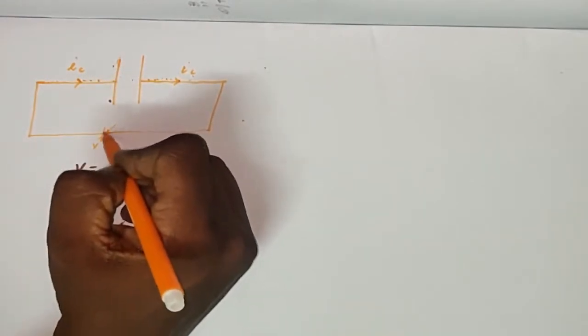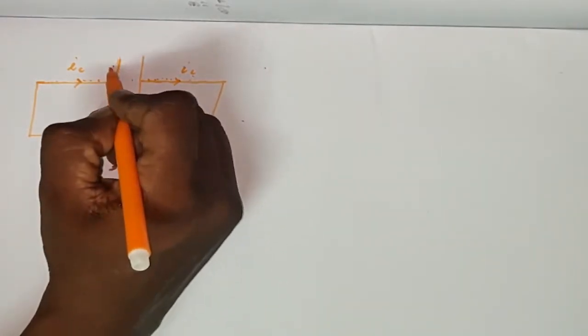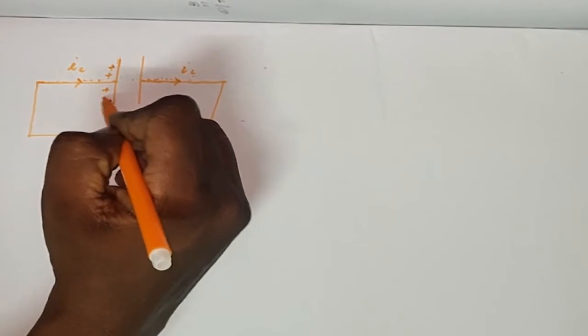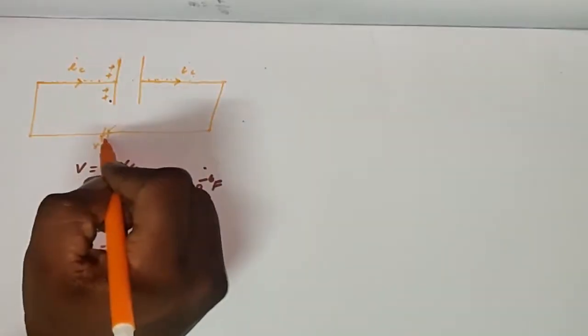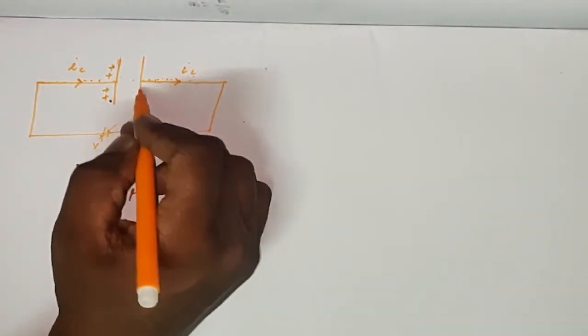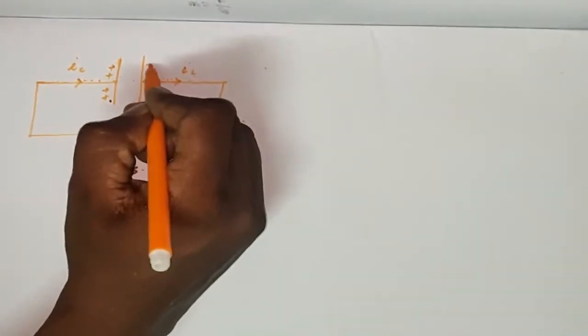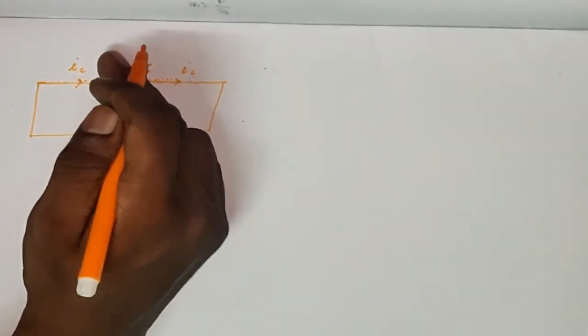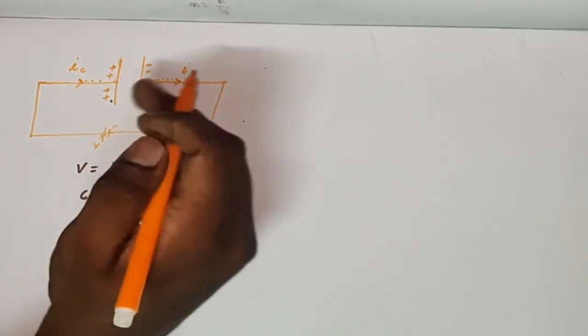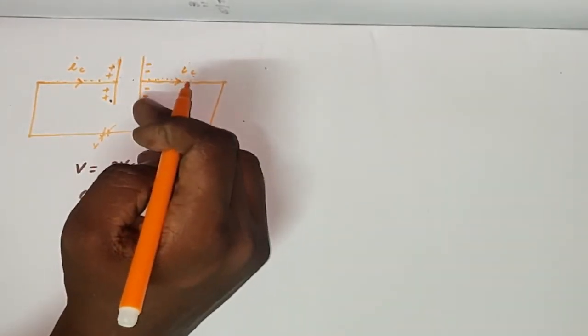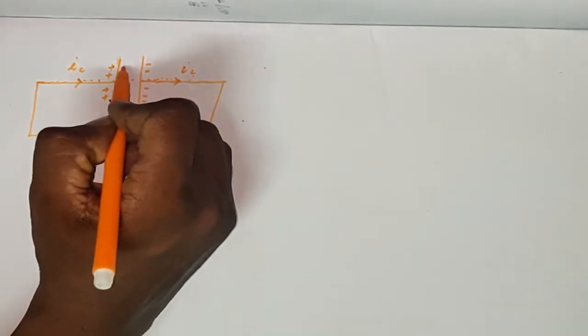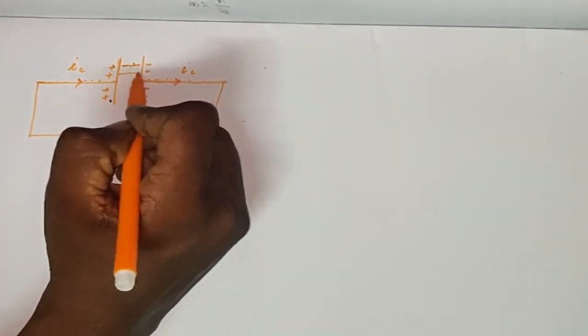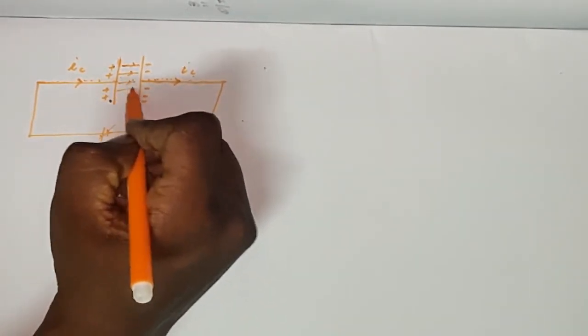Suppose you are charging this capacitor, the positive charge accumulates here because it's connected to the positive terminal of the battery. The negative charge is accumulated here because it's connected to the negative terminal of the battery. If one plate carries positive charge and the other plate carries negative charge, there is an electric field in between the capacitor.